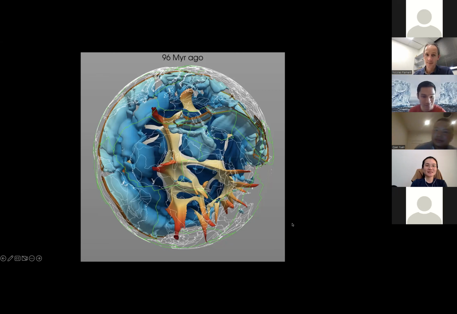Following up on Yanghui's question, you mentioned that the plumes rise fairly quickly, in about 20 million years or so. As a non-geodynamicist, that hints to me fairly dynamic features.